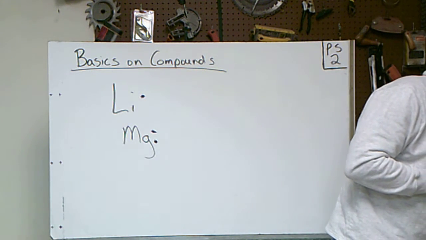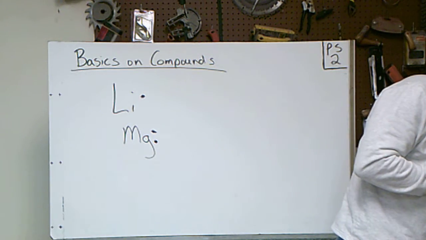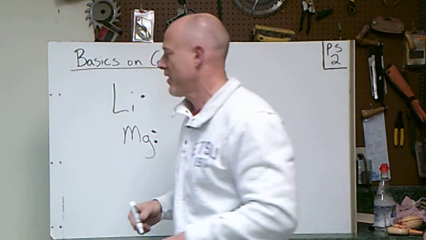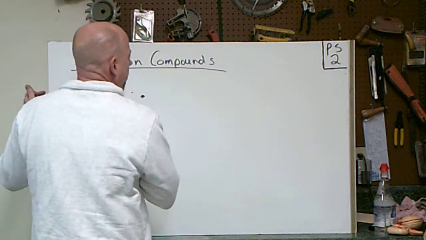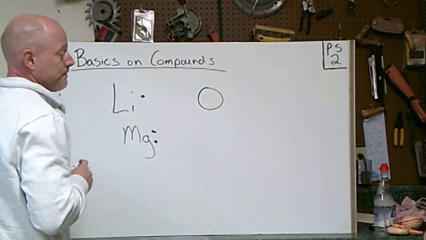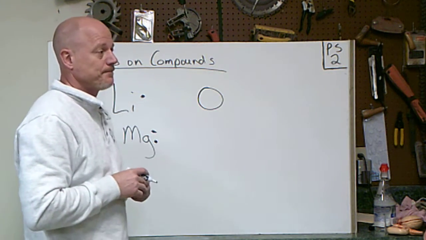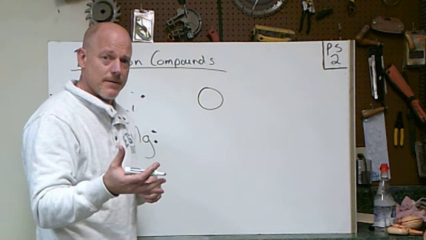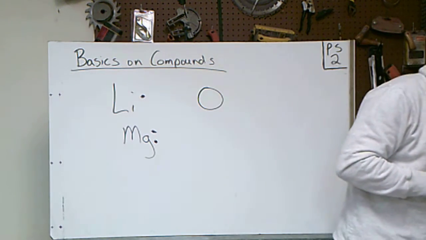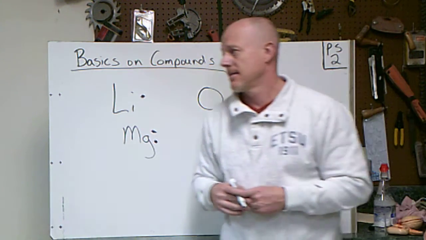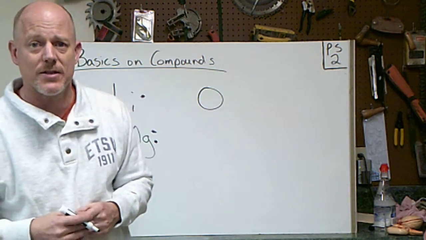Now let's do one a little bit weird. Let's go to oxygen, and we're going to do oxygen's dot diagram. Write the symbol for the element, and then you find out how many total electrons it has. And oxygen's total electrons is going to be 8, because it's atomic number 8.